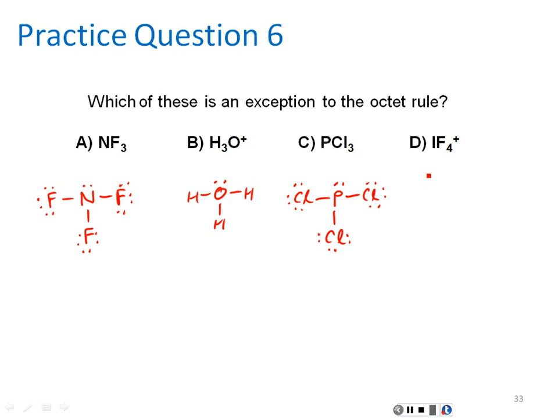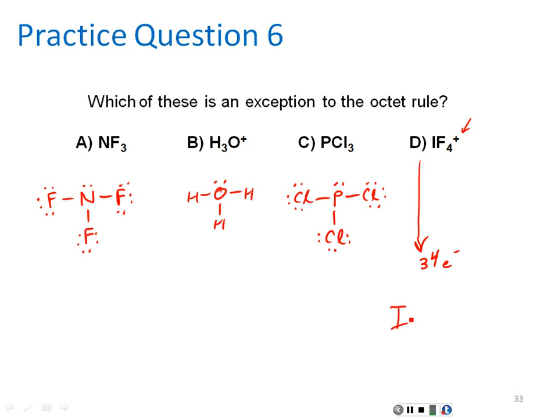And finally, IF4 plus. Now this one I will go through. Iodine has 7 valence electrons. Fluorines each have 7. So that would give us a total of 35. But we have this plus charge on the molecule, so we have to subtract one of the valence electrons. So we're going to have a total of 34 electrons.